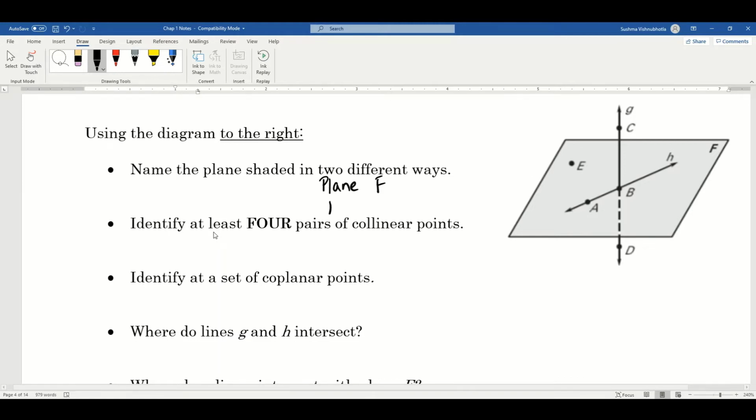So I can name this plane plane A, B, E. Okay. So I'll put a little note here. Can't use point C or point D to name this plane.